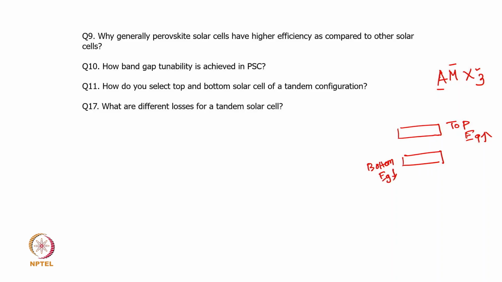When light falls on this, the higher band gap part of the tandem solar cell absorbs higher energy photons, or blue photons, and the lower band gap solar cell in the bottom absorbs the low energy photons or red photons, eventually giving the output voltage from both of them from two different spectral levels of solar light and giving higher efficiency.